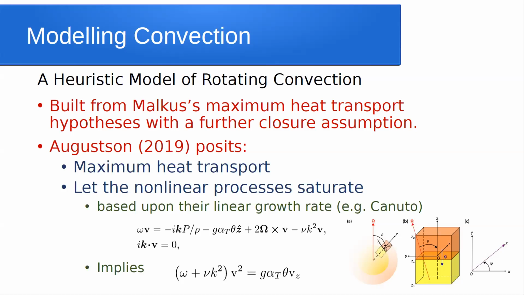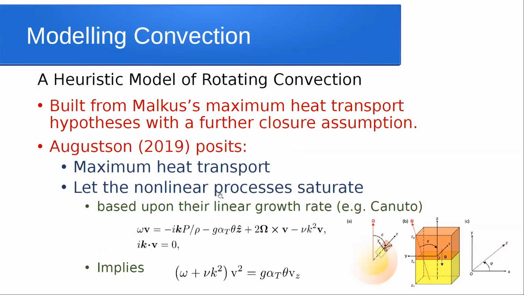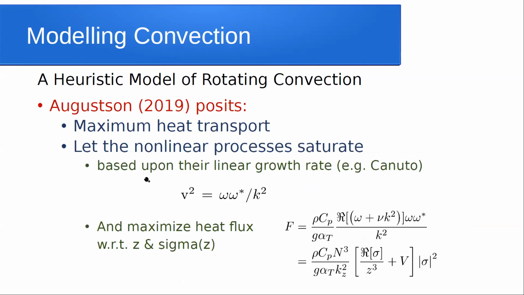How we do that is we again maximize the heat transport, but the new assumption that we make, because we've added new forces into the system, is that the velocity is related to those growth rates from that eigenvalue problem. So the velocity is related to these linear growth rates divided by some length scale of the system.